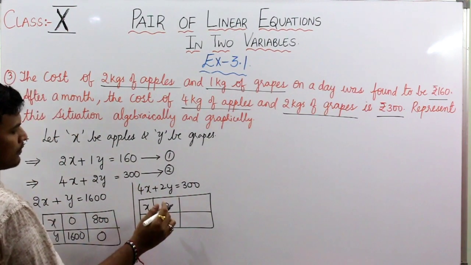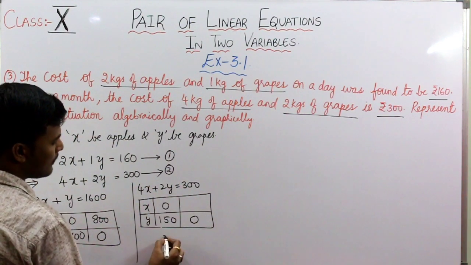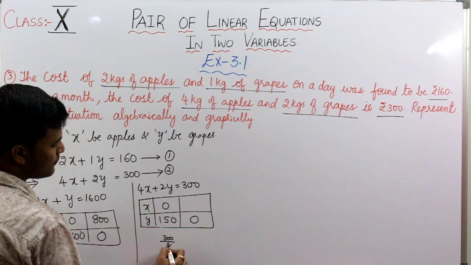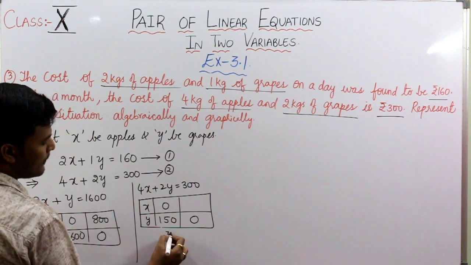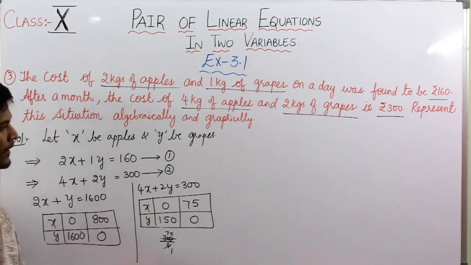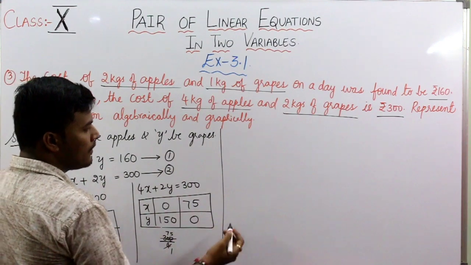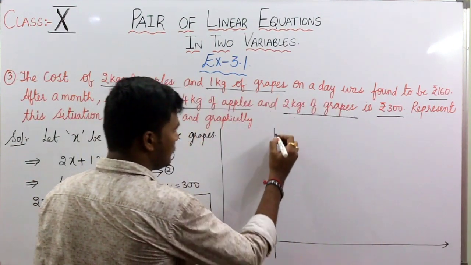Take x as 0, then y will become 150. Take y as 0, then 300 by 4 is how much? 4 ones are 4, 4 sevens are 28, 2 will be there, 4 5s are 20. So x is 75. Now from that, draw it by considering a graph.